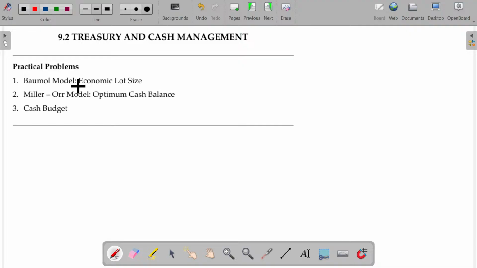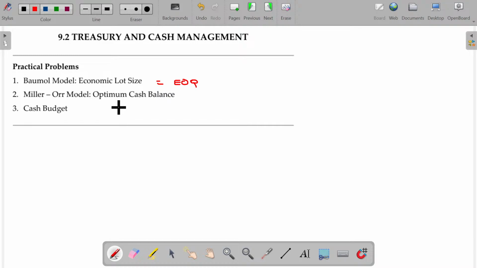This Baumol model is similar to economic ordering quantity. Like the Miller-Orr model, the optimum cash balance is nothing but the level of quantity you maintain. Okay, reorder level, maximum level, minimum level. Similarly, how much cash you can have readily available for disbursement in your cash box, not more than this much.